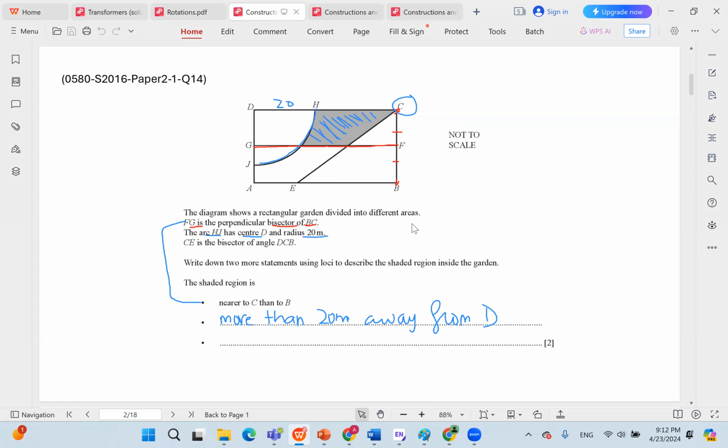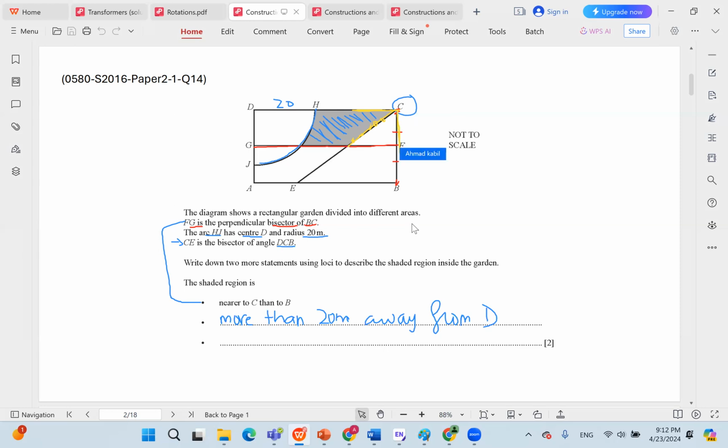Finally, CE is the bisector of angle DCB. So angle DCB is this angle I'm about to color in yellow. And the bisector of the angle is again this yellow line here. And these are all points that are at an equal distance from CD and CB.